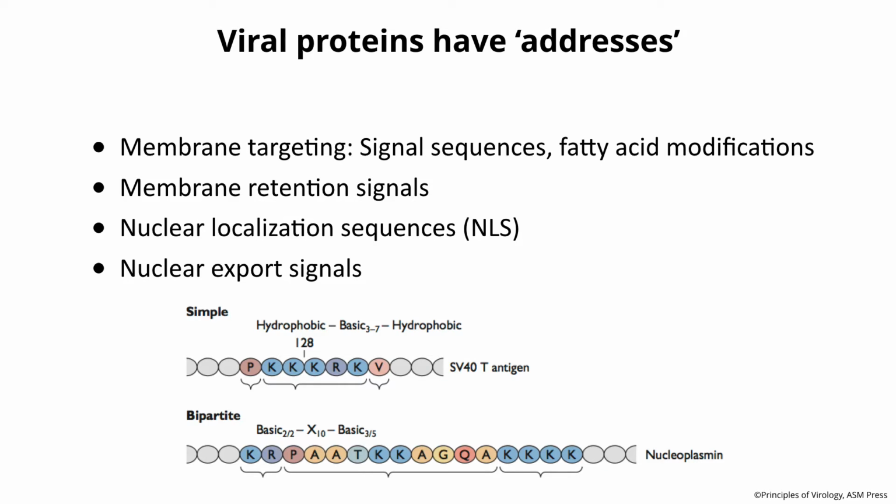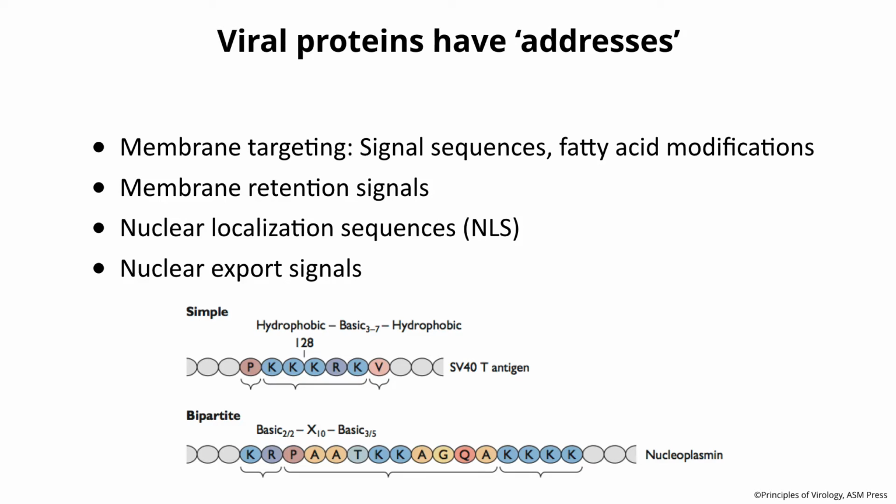For example, nuclear localization signals, or NLSs, allow a protein to get into the nucleus by the nuclear transport machinery, and there are nuclear export signals. And on the bottom of this is an illustration of two different kinds of nuclear localization signals. These are relatively straightforward sequences of amino acids.